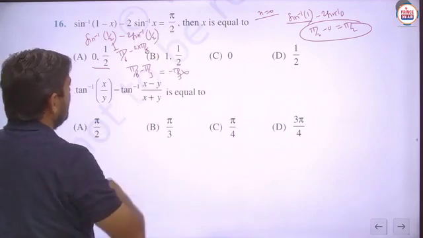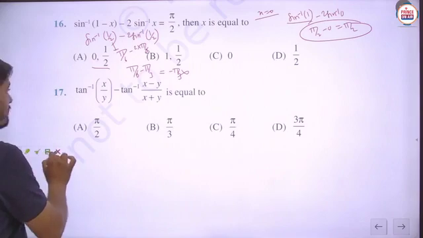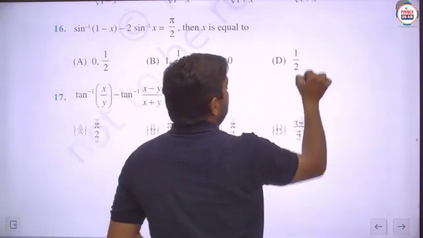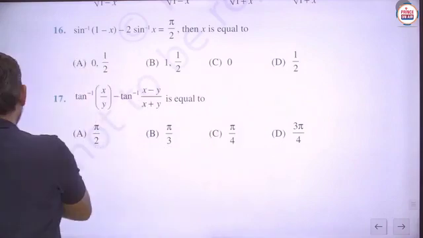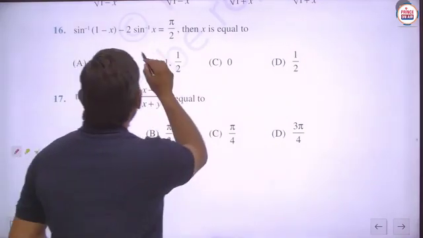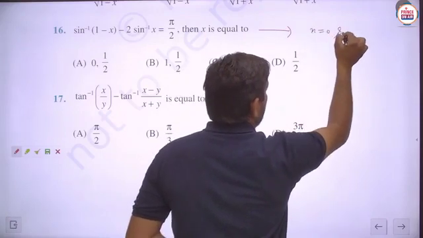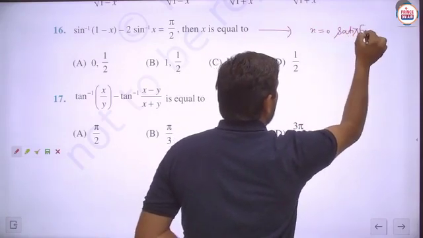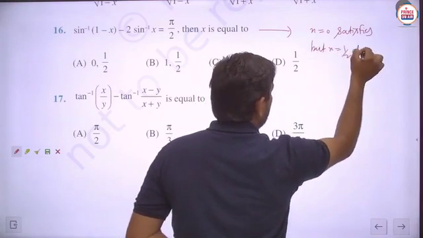So not satisfied, means in this question x equal to 0 satisfies, but x equal to 1 by 2 is not satisfied. You can write here in this particular question number 16, x equal to 0 satisfies, but x equals half does not satisfy.